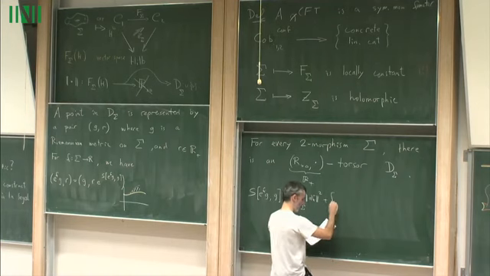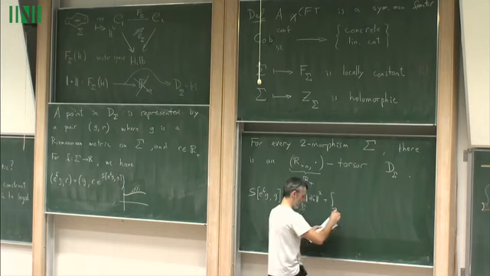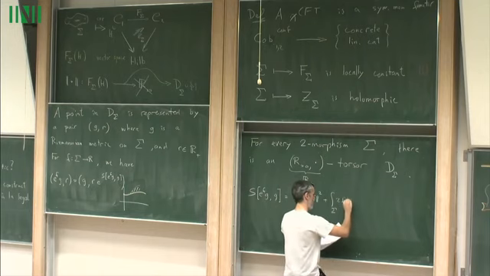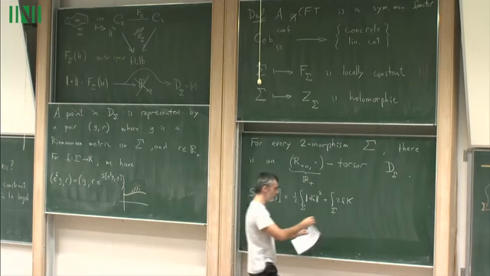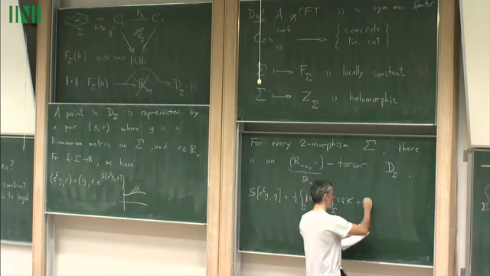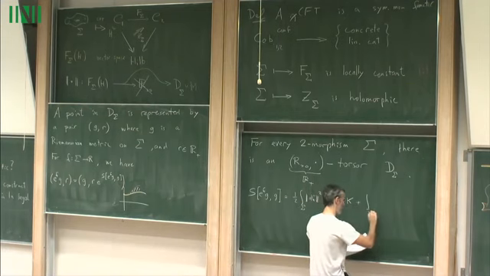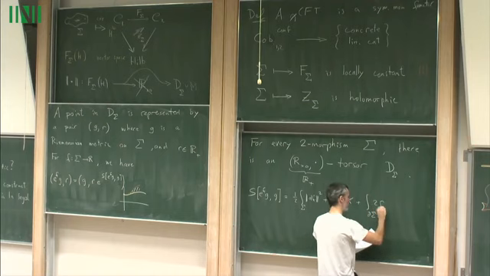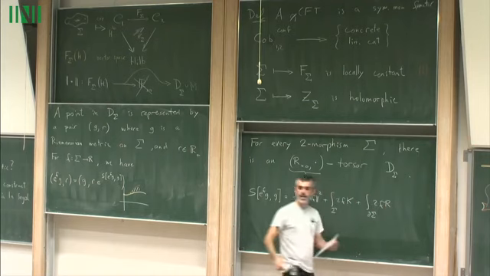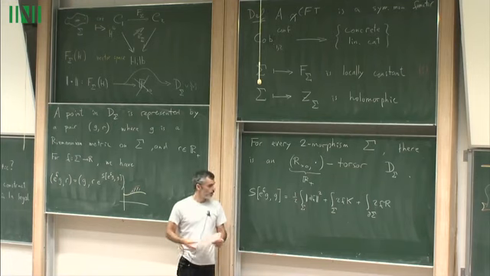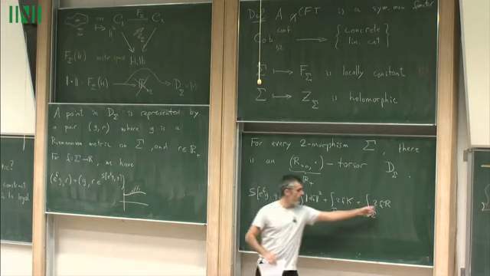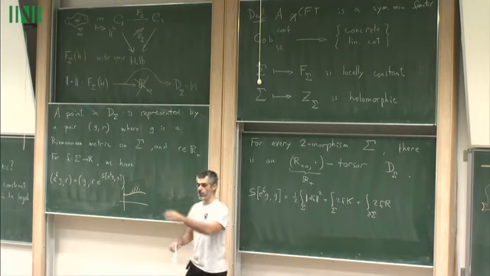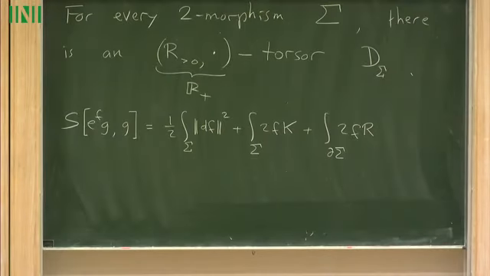I have k, the scalar curvature of g, and then I also have a term that involves the geodesic curvature of the boundary, and that's called r. So k is the scalar curvature of the metric in the inside, r is the failure of the boundary being geodesic.